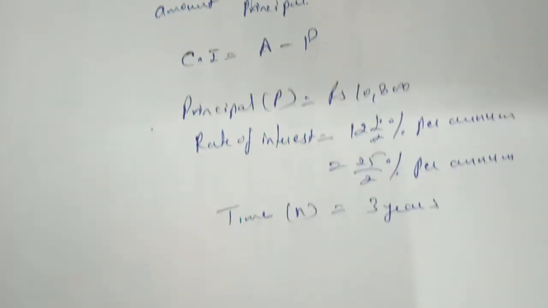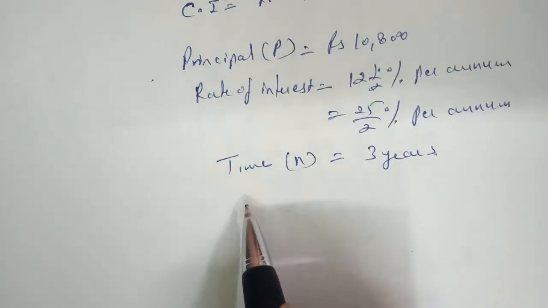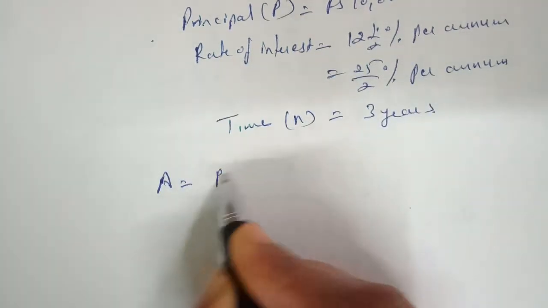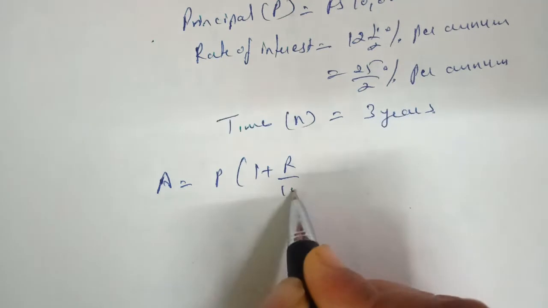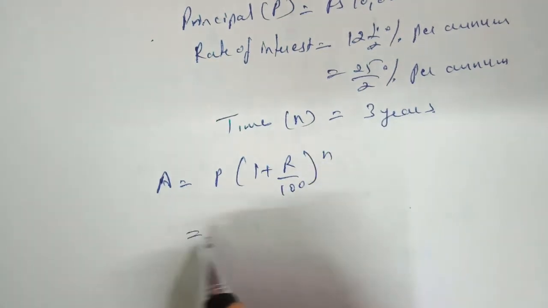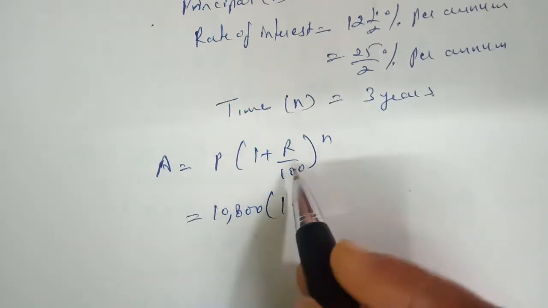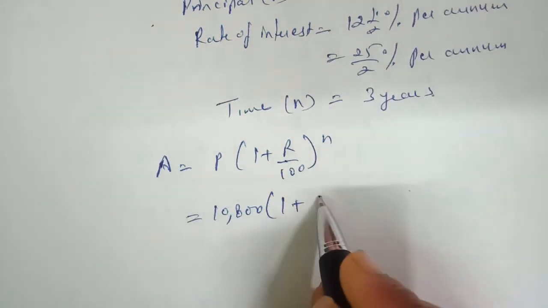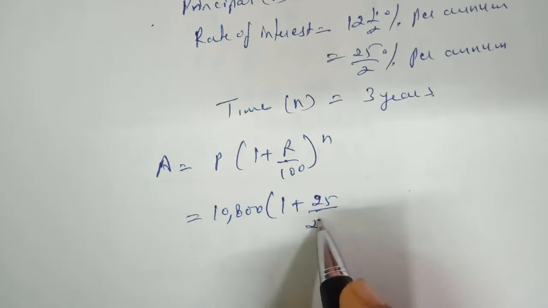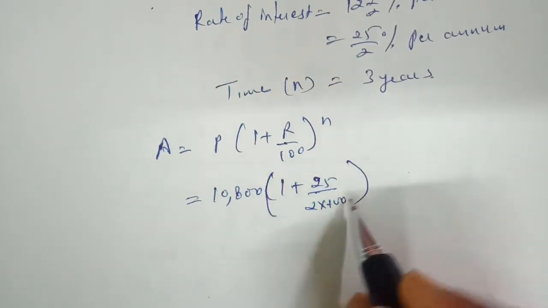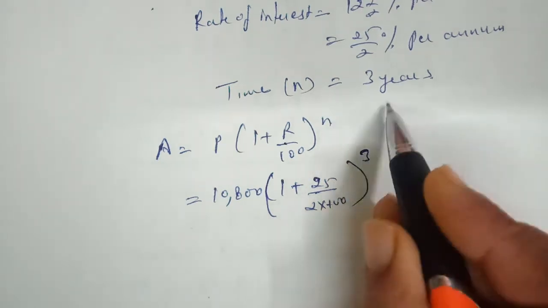Now let us use the formula for finding the amount. Amount is equal to P times 1 plus R upon 100 raised to the power n. The value of P is 10,800, 1 plus the rate 25 upon 2. So 2 can be written at the denominator and multiplied with the 100, and time we have 3.